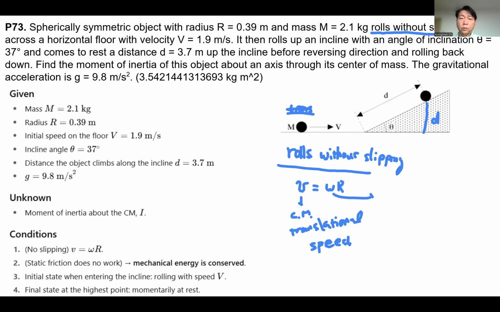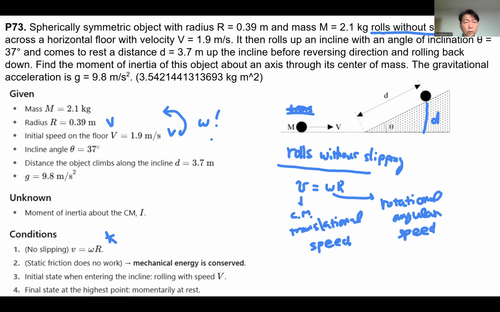W, omega, is of course the rotational speed, angular velocity or speed. And that is the key thing. When we say this, R is given and V is given, that means from this we note that omega is known. That's the one thing.